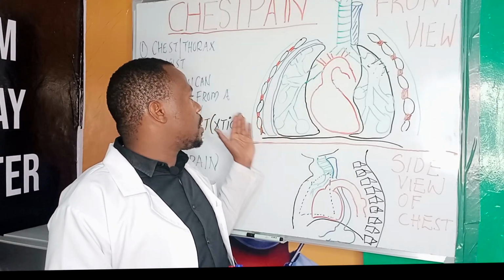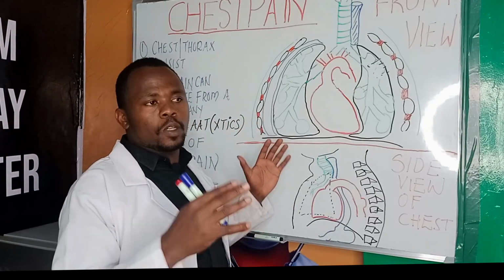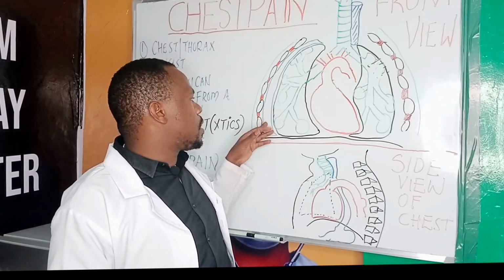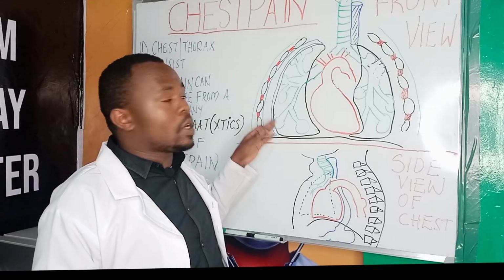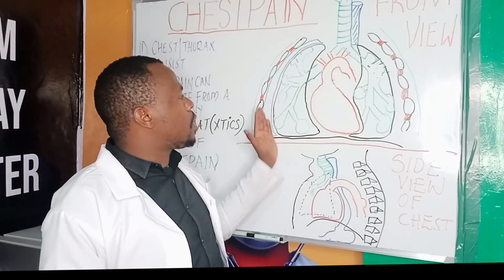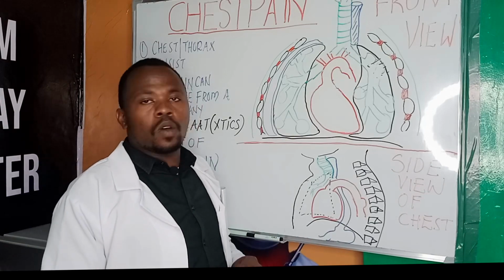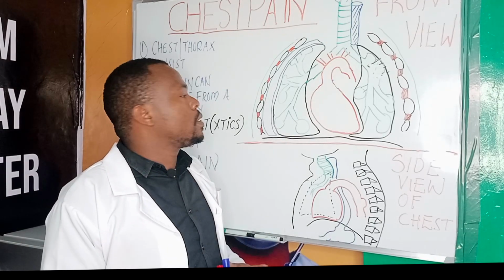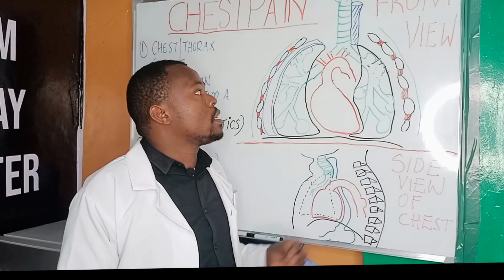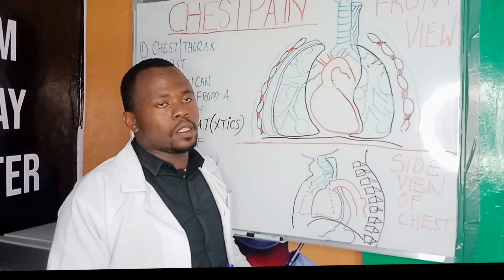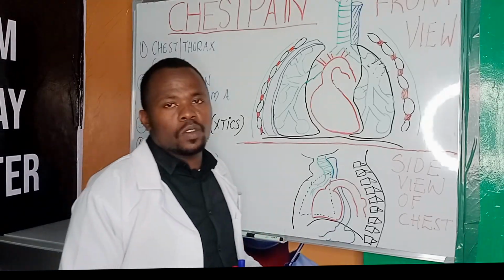If air leaks into that space, the atmospheric pressure is higher than the intrapulmonary pressure, so air will leak in, collapsing the lung. And we may also have other causes like cancer of the lung, cancer of the trachea, or cancer of the bronchus. Other reasons like TB and other lung infections.